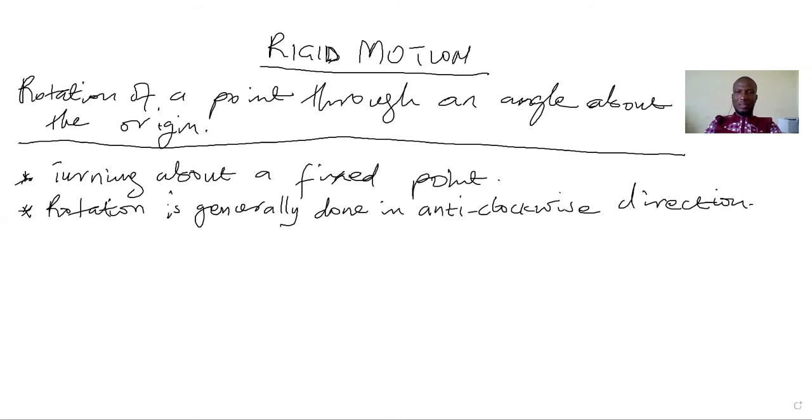You just draw your angles: 360, then you have your 90 degrees, 180 degrees, then 270 degrees.